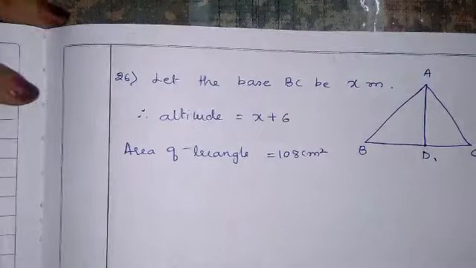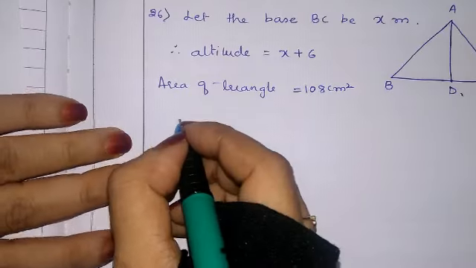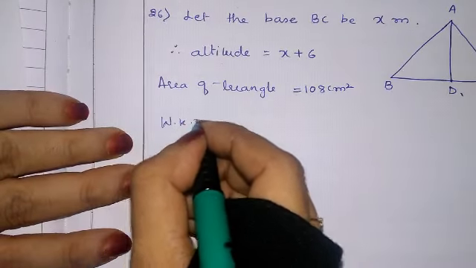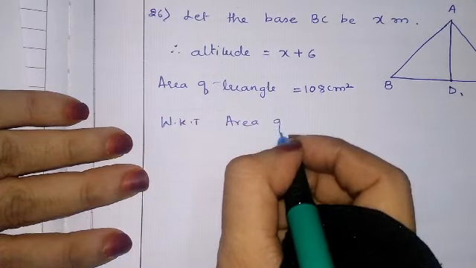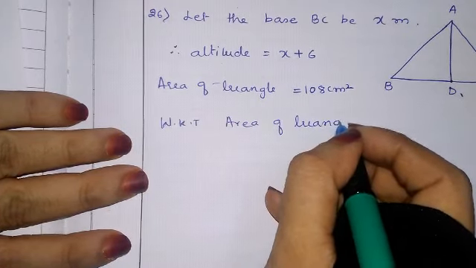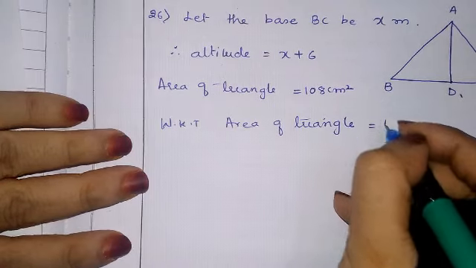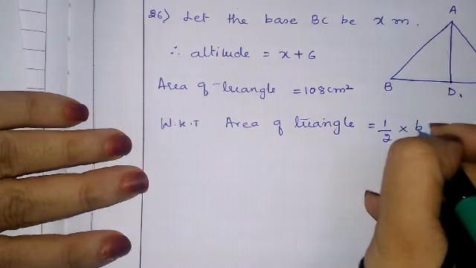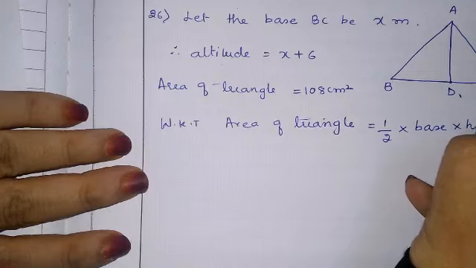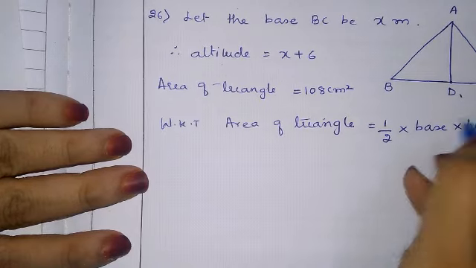So let us start finding. We know that the area of a triangle formula is half into base into height. Height is nothing but altitude.